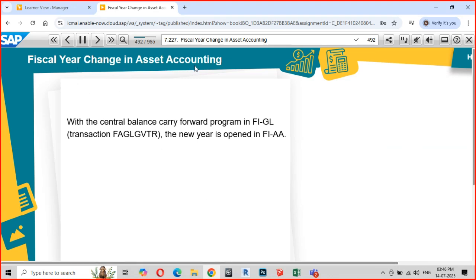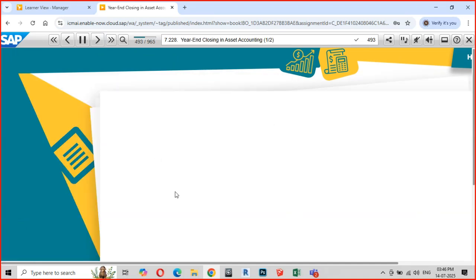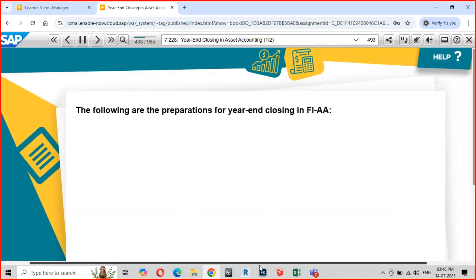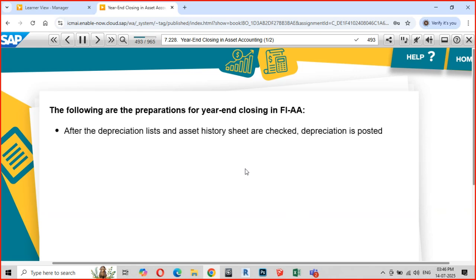This is common to not only asset accounting, your fiscal year change. It is for the whole of your finance, not only specific to your asset accounting. How do you close your books of accounts for your assets? You provide the depreciation for all the assets.